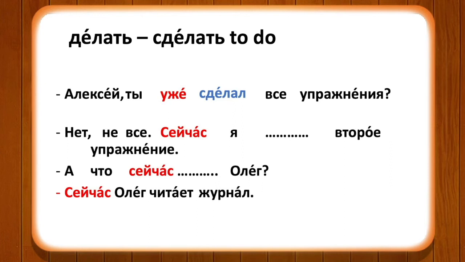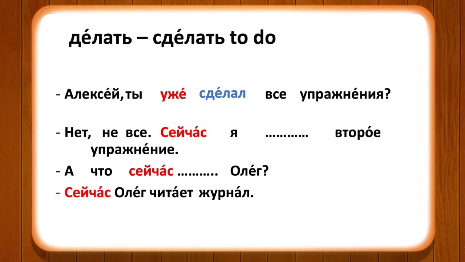Алексей is answering, нет, не все. No, not all. Сейчас я dash второе упражнение. Now here the adverb сейчас means now, which means an action that is going on at the moment, which is in progress right now.